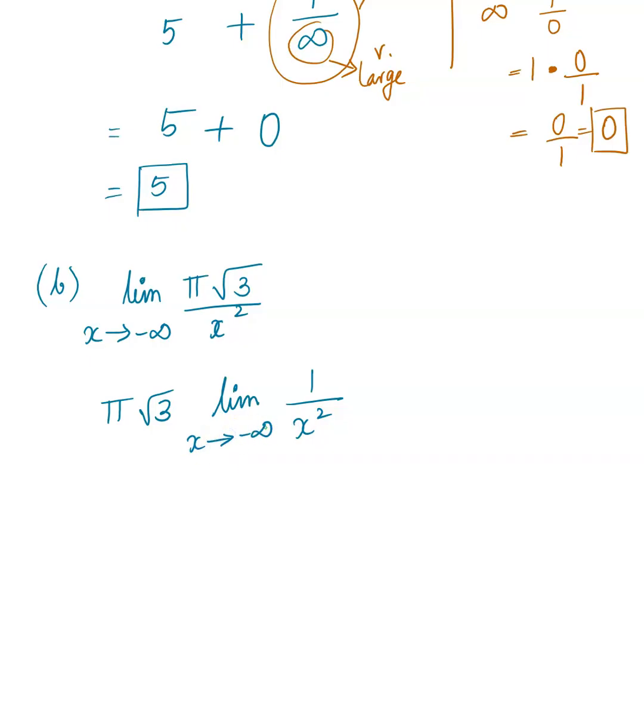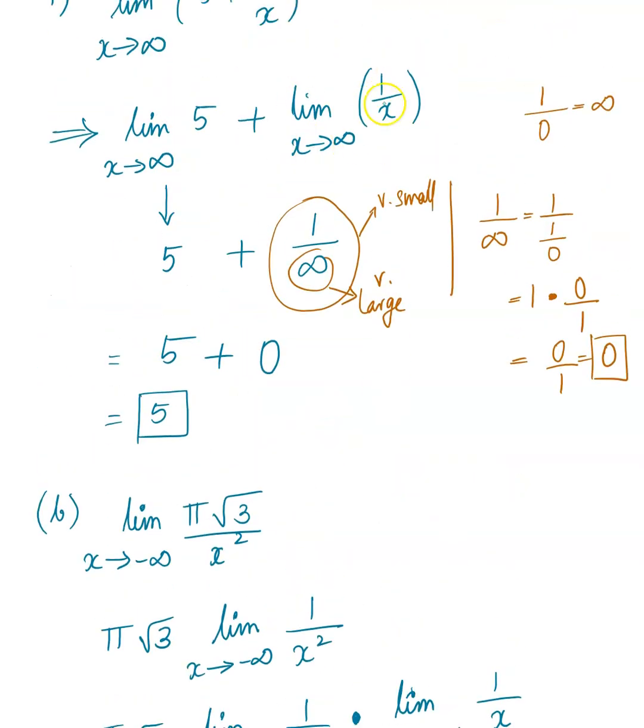So again, you can separate it out. As x approaches negative infinity, I'm going to separate the 1 over x squared as 1 over x times 1 over x. So I am separating it and applying the limit individually. So you have those three terms, the constant and these two.